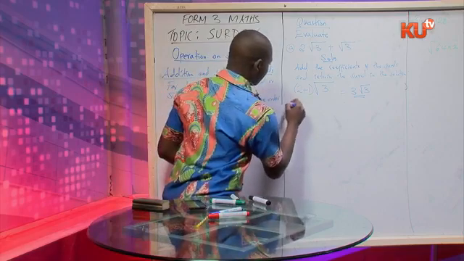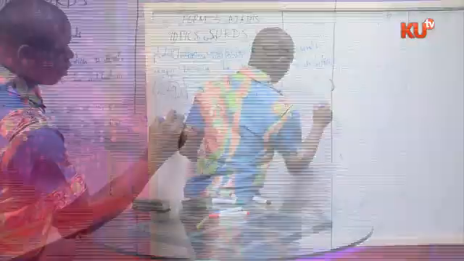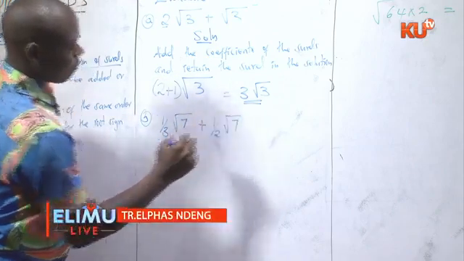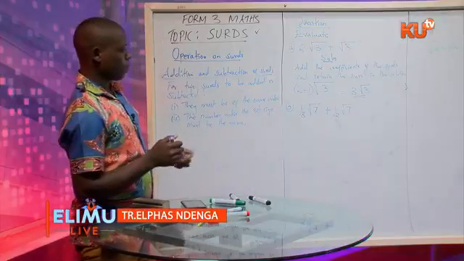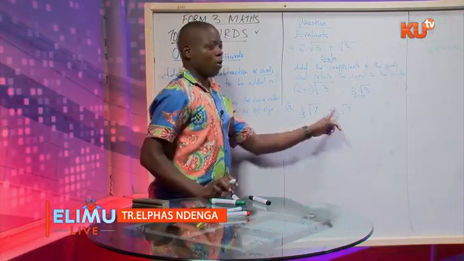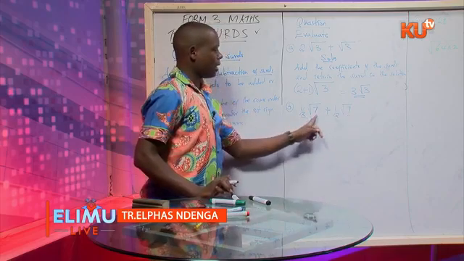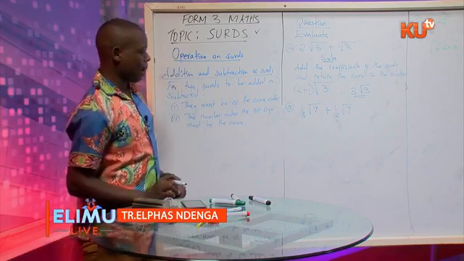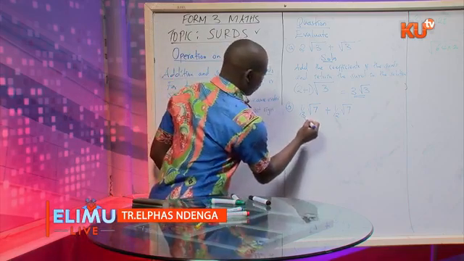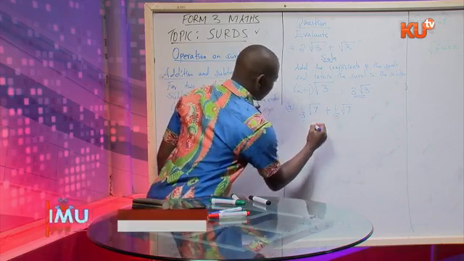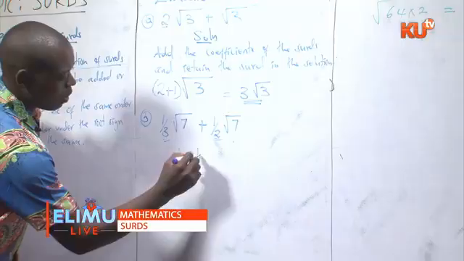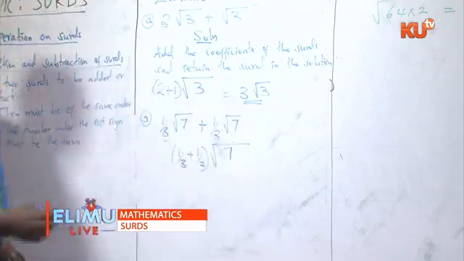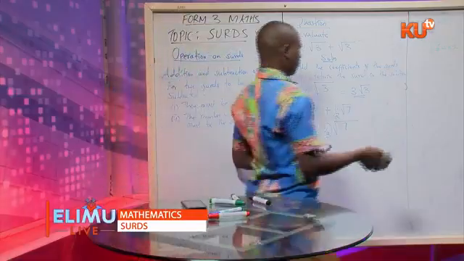Assuming we had this case, 1 over 3 root 7 plus 1 over 2 root 7. Both are of order 2, and the numbers under the root sign are the same, so it is possible to add. Again, look at the coefficients and sum them. So you have 1 over 3 plus 1 over 2, and retain the surd, root 7, in our solution.